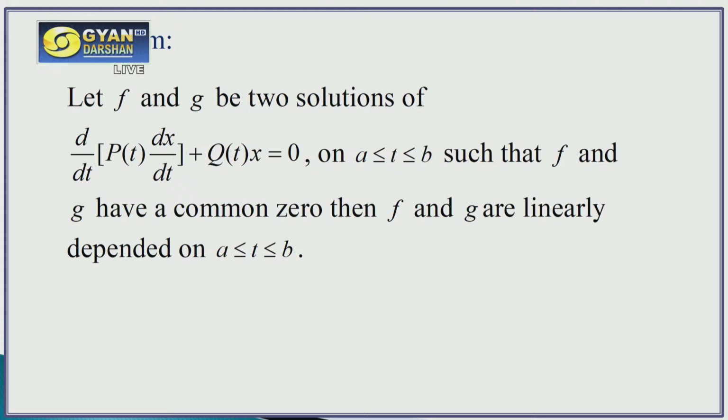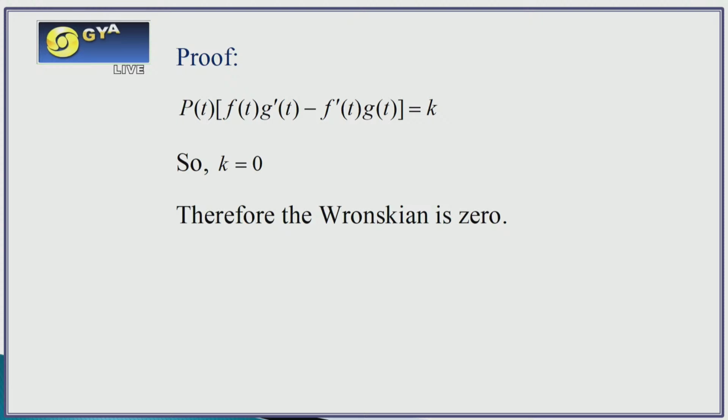Here also, let's see how we can prove it. The proof is very trivial, as we have proved the last part, which was the intermediate part for this theorem. If this term is equal to a constant, since both f and g are solutions, I have already proved that this term becomes constant.